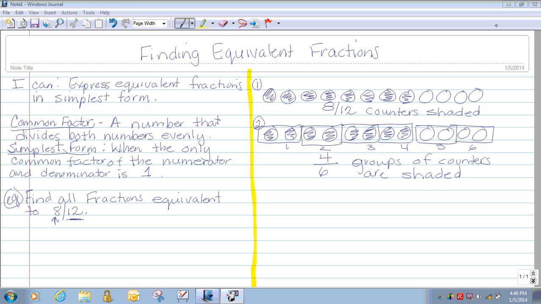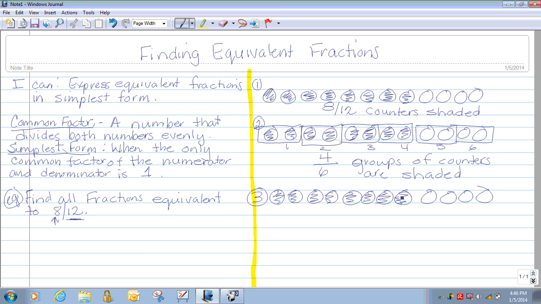Push pause. So then we think, how else can I group these counters where they will be equal, but where the groups are larger or we have less amount of groups? So again, we have 12 counters, and we're going to shade the same amount because remember we want them to be equal.